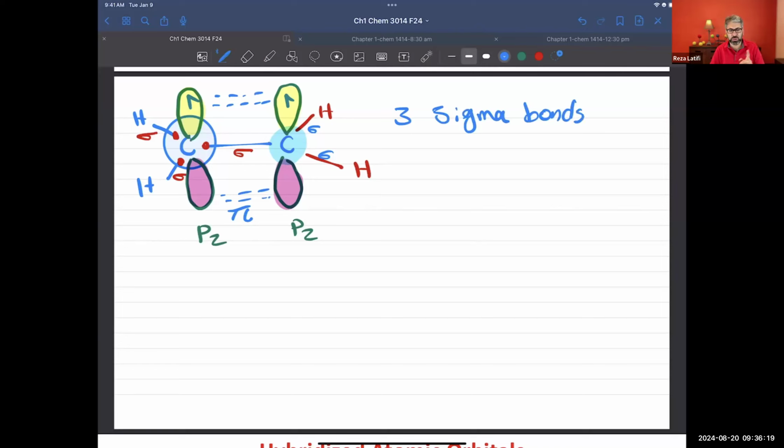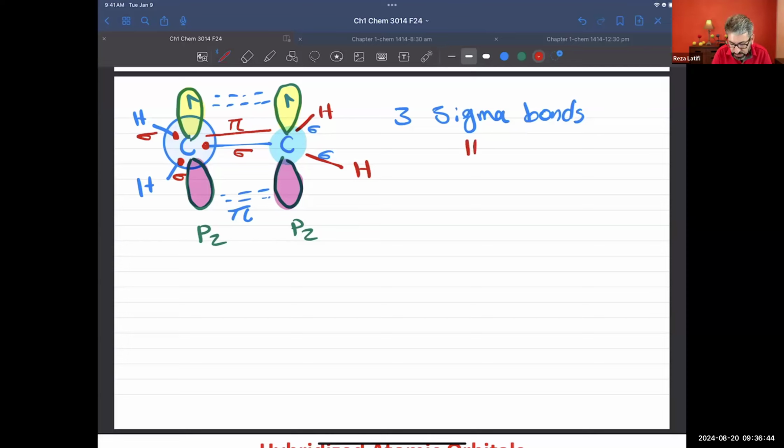Yes, I do also have one pi bond, like I showed there, and it is a result of the parallel interaction. But simply I just say I have 3 sigma bonds. What's the purpose of the pi bond? It is to make carbon satisfied, but for now I'm not going to care about it.